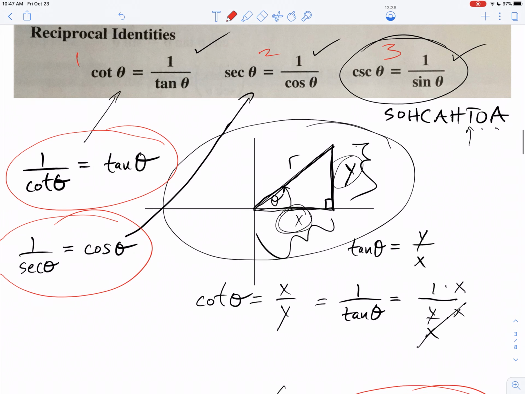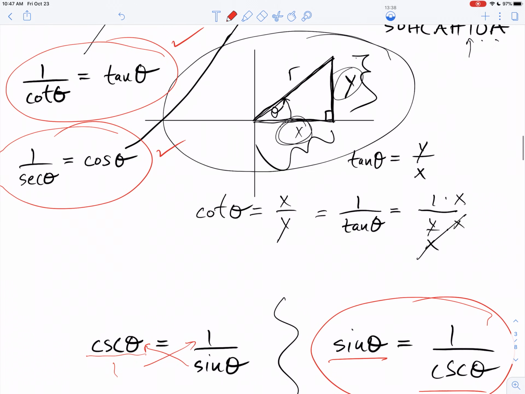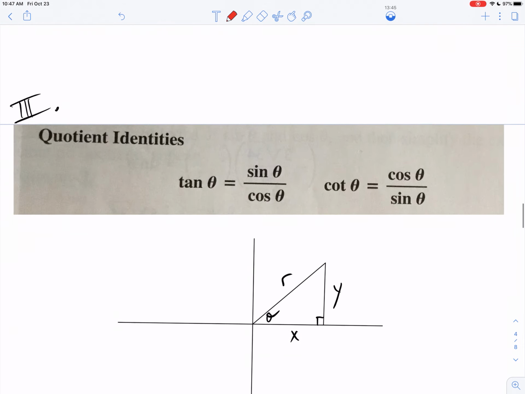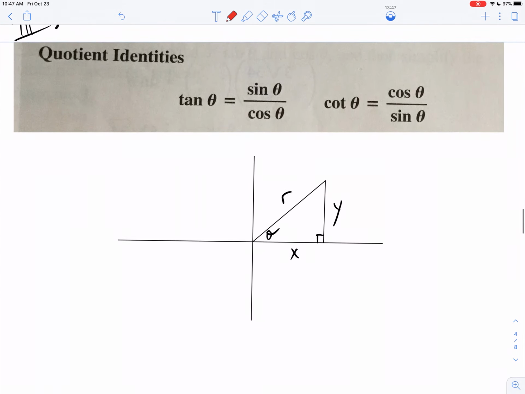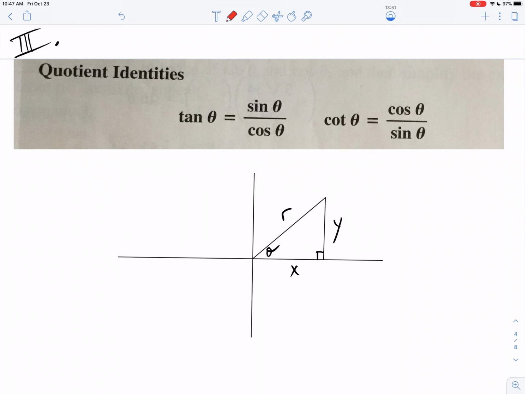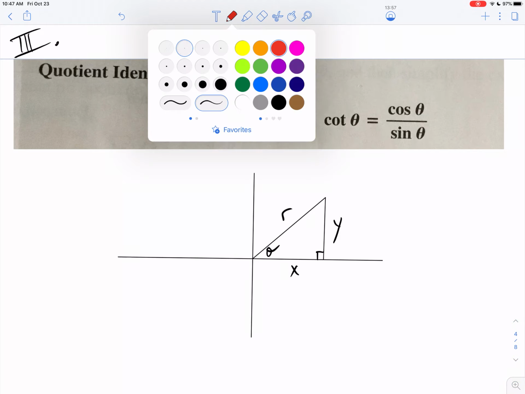Could you make flashcards of these also? Yes, you could. But wait, if you act now, you'll also receive the quotient identities. See how quick I did that? If you want, you could pause it, rewind it, go back there. But let's talk about the quotient identities. And these are super powerful.